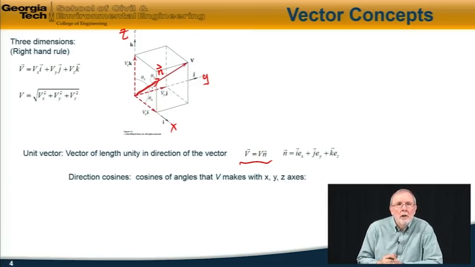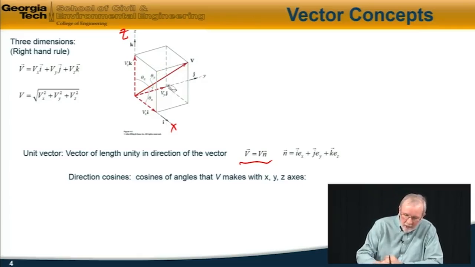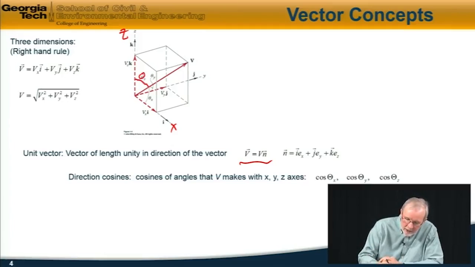Another thing that is useful is the idea of direction cosines, and these are the cosines of the angles that the vector v makes with the x, y, and z directions, and they are shown on the diagram here. So, for example, theta x is this angle right here.